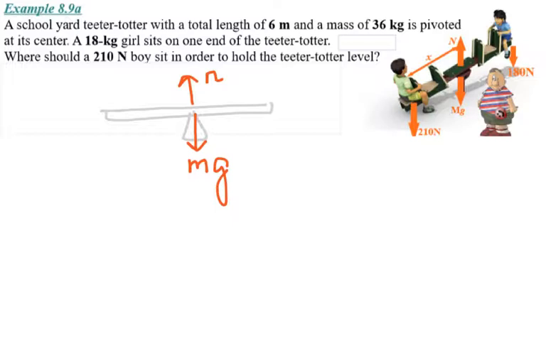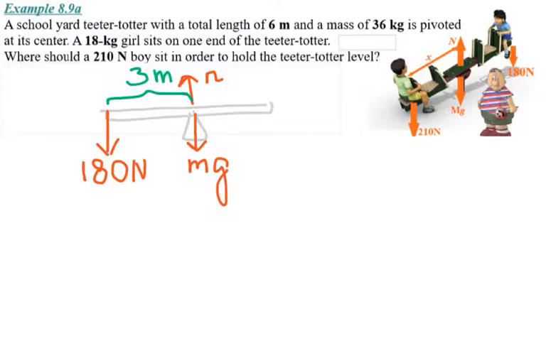And then the 18-kilogram girl sits on one end of the teeter-totter, so she sits all the way at the end, and she is applying the force of 180 newtons. And the distance is halfway through, so that is 3 meters because the teeter-totter is 6 meters long.